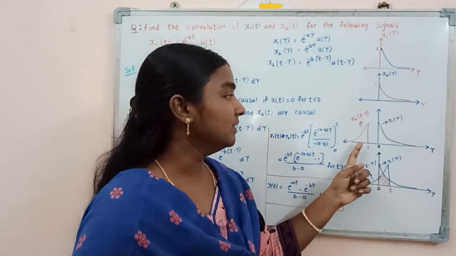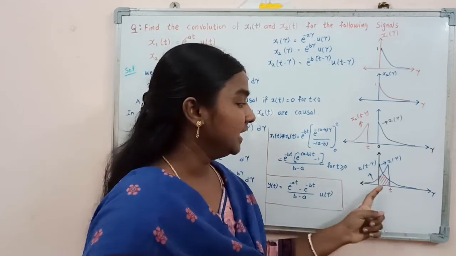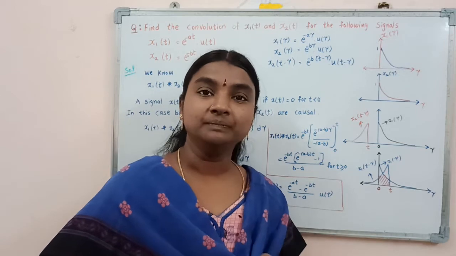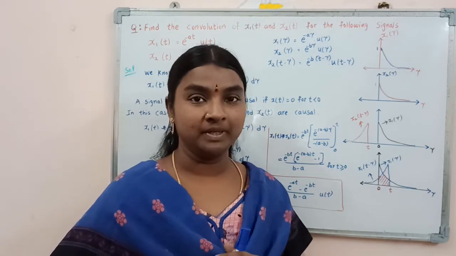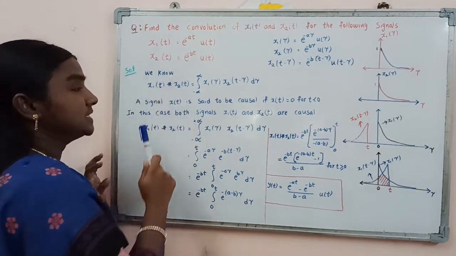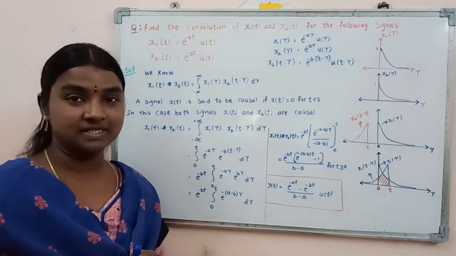Now here we moved the x2 of t minus tau signal towards the right side. Here we found the overlapping period. In this question, there is one important thing. Both the given signals x1 of t and x2 of t are causal signals.